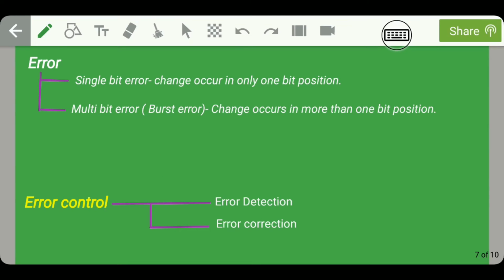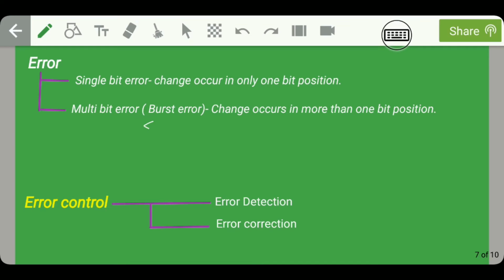Guys, moving on, there are basically two types of errors. First one is single bit error and second one is multi-bit error or burst error. When changes occur in only one bit position, it is known as single bit error. The example just discussed was an example of single bit error. Whereas when changes occur in more than one bit position, it is termed as multi-bit error or burst error.